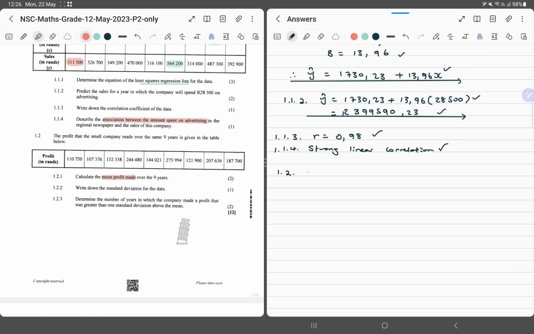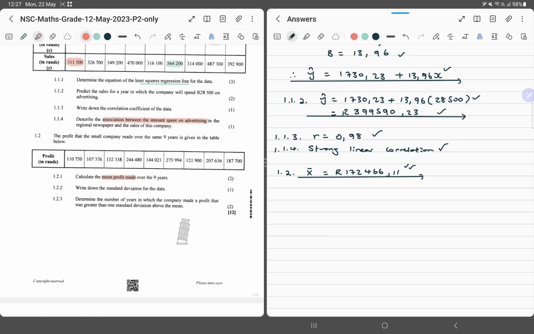So we know that the mean is going to be in rands 172,466.11, because we are rounding off to 2 decimal places. Alright, so that's easy. So you're getting 2 marks. So that is just calculator work.